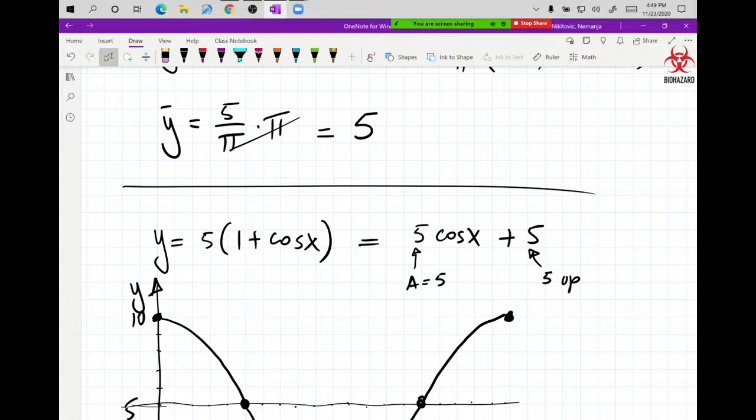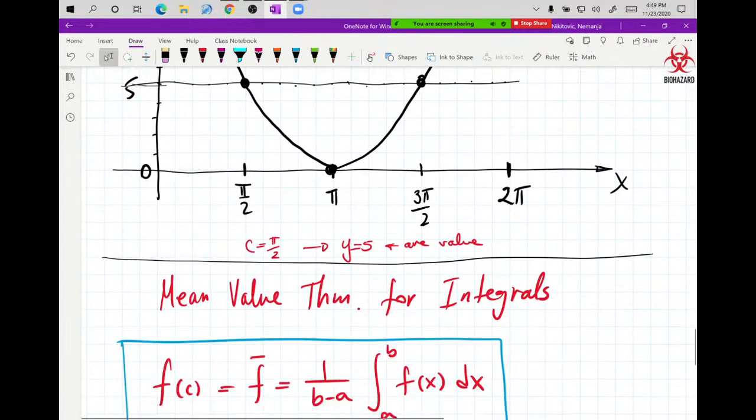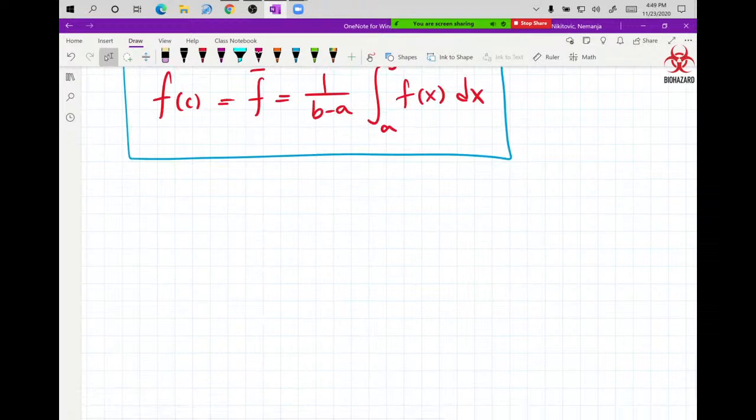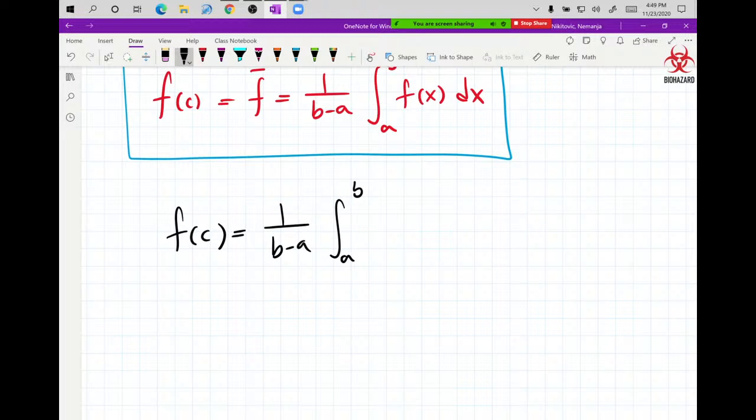If you were to apply the mean value theorem to the cosine problem, you would have f of c equal to 1 over b minus a times the integral from a to b of f of x dx. You would say, oh, f of c, my f was that function, so you have 5 times c plus cosine c, you plug that in.